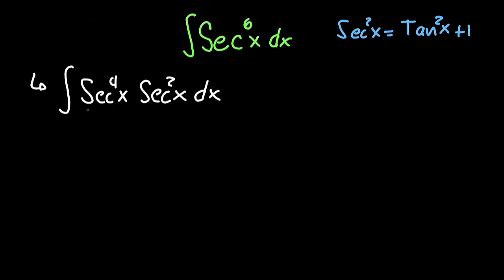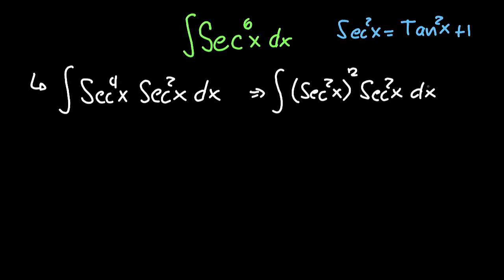Since what we have here is secant to the power of 4, and what we need is secant squared, just condense it, which makes this the integral of secant squared of x raised to the power of 2. Know that this is simply equal to this one, and copy the rest. Now that you have secant squared x here, we can transform it.